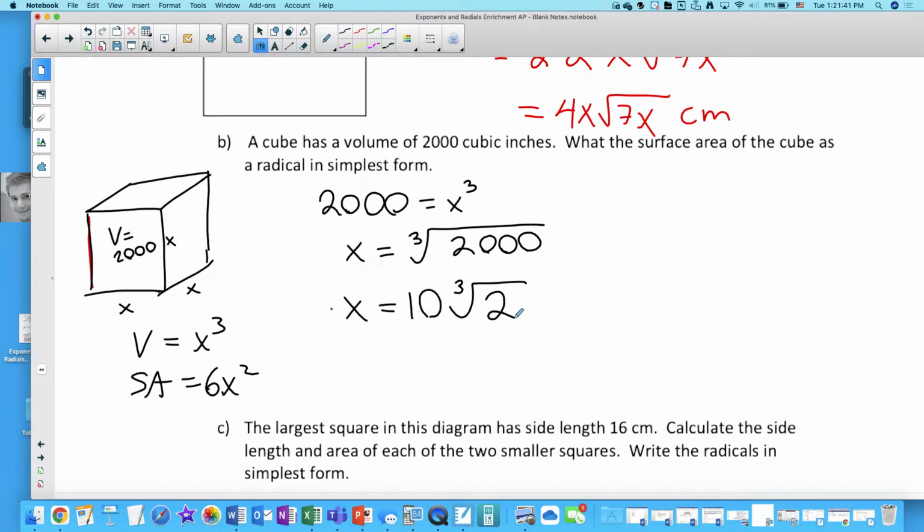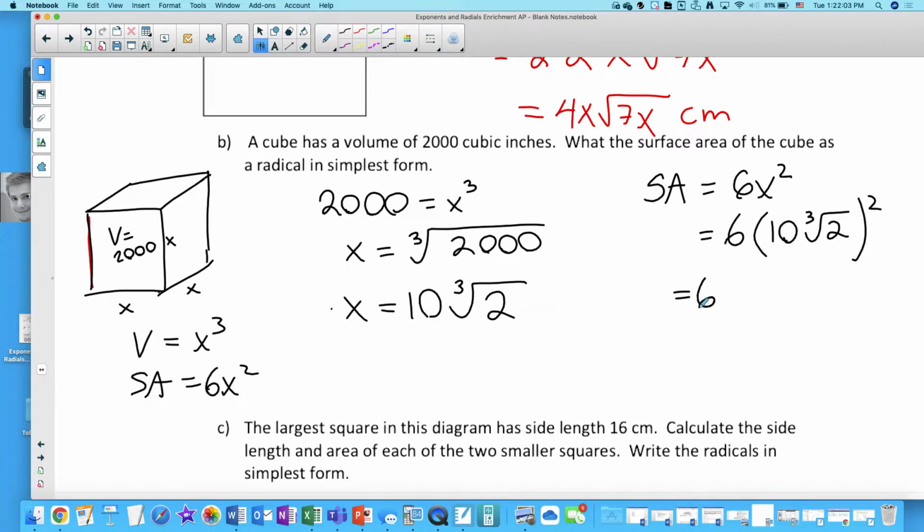Okay, so once we have x, we know that the surface area is 6x squared, which is 6 times 10 cube root 2 squared. And that is 6, this multiplied by itself, times 10 cube root 2 times 10 cube root 2. Okay, and now at this point, we're just multiplying the numbers on the outside together and then multiplying the two radicands together.